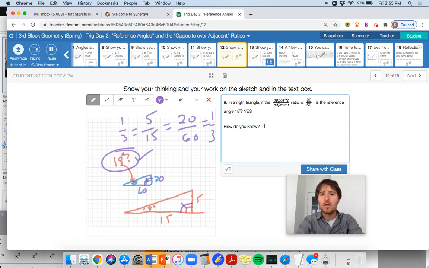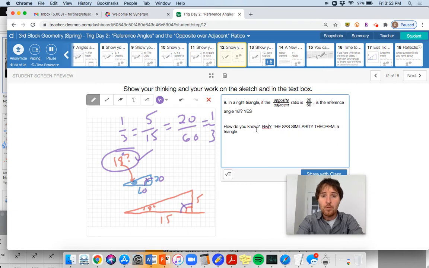Well, by the SAS similarity theorem, a right triangle with legs of 20 and 60 would be, I'll say the similarity thing afterwards here.